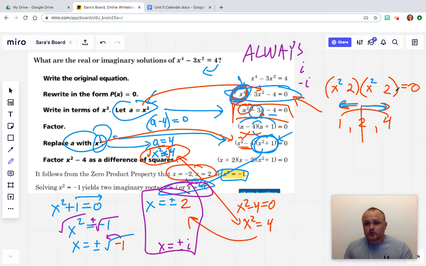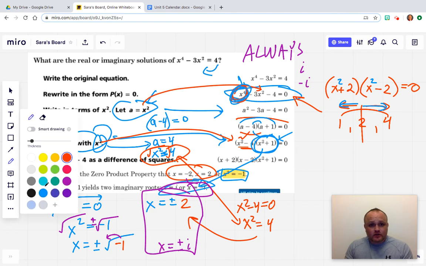When I do these number sense factoring kind of things, I would have x squared plus 2 and x squared minus 2. Okay, and if I were to keep going from here, this one's a little bit different because I have to make sure that this 4 that I create does in fact get my b term. Remember, this is very important with number sense interpretation.